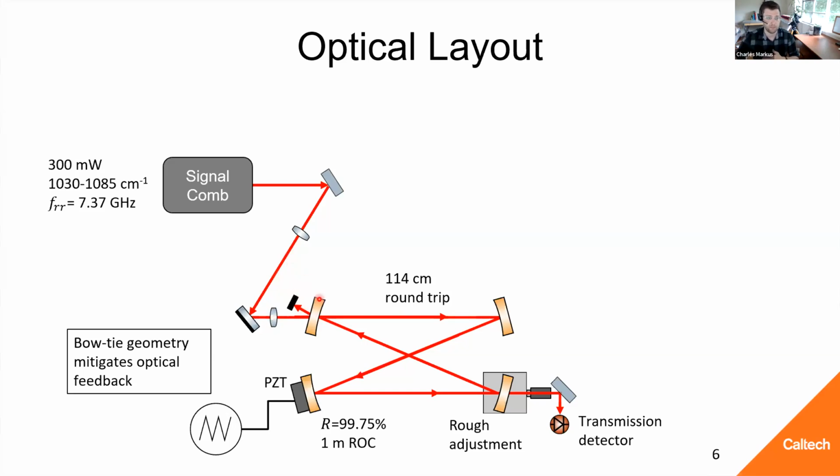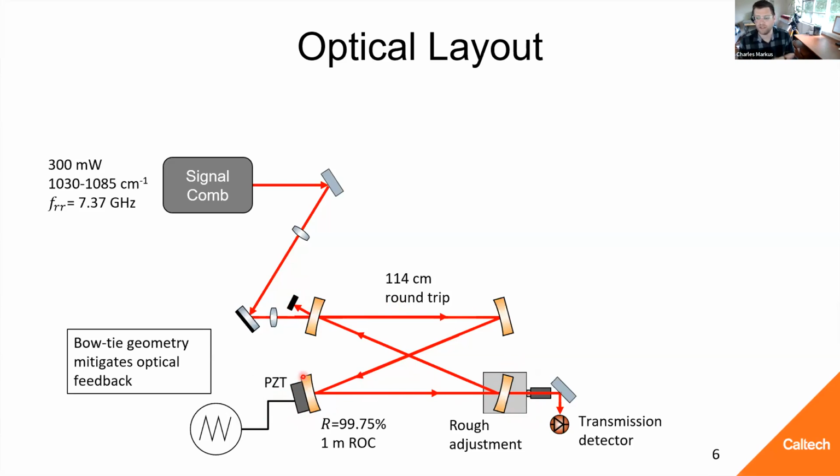We were able to just dump all the light that wasn't going into the cavity. The resonator had a 114 centimeter round trip path length, with one of the mirrors on a translation stage to do rough adjustments to the length, and one mirror mounted on a piezo, which allowed us to sweep the cavity length in order to ramp through the different cavity resonances.